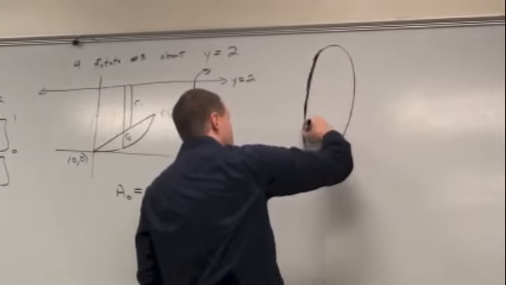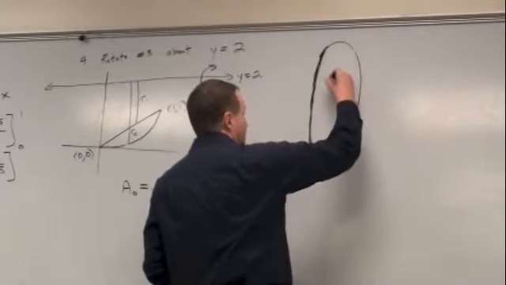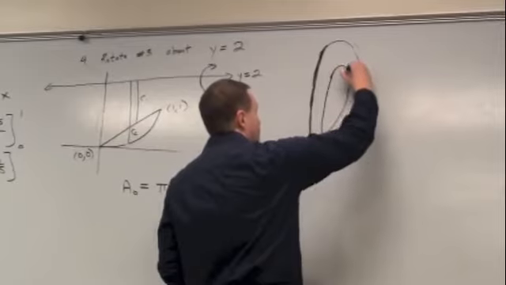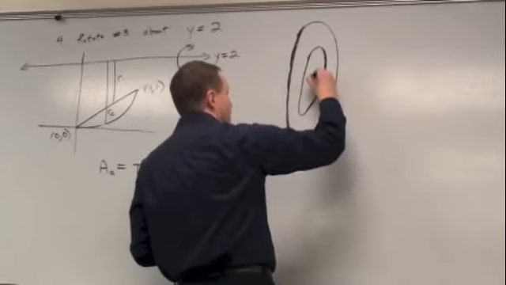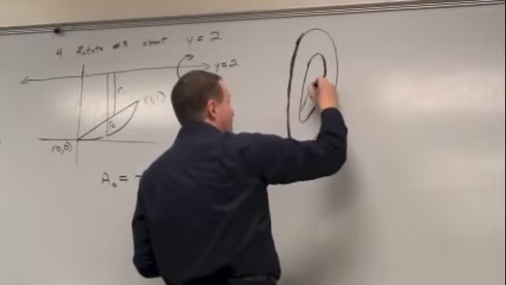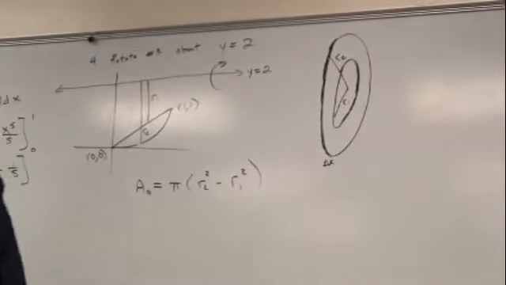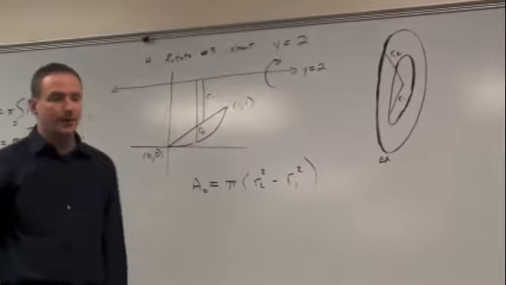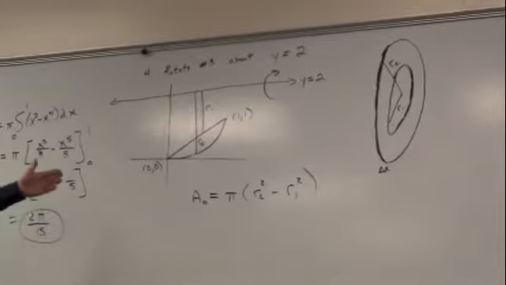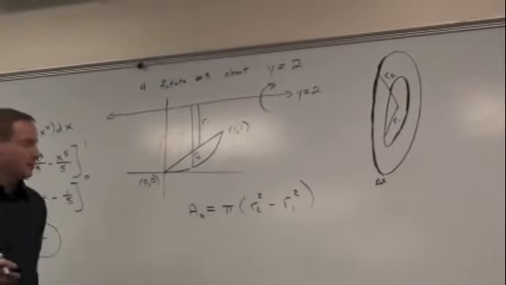It's still going to be going in this direction, so my thickness is still delta x. There's my R1, my R2 in there. So I'm trying to find the region of this exterior part and then expand it over the entire period from x equals 0 to x equals 1.